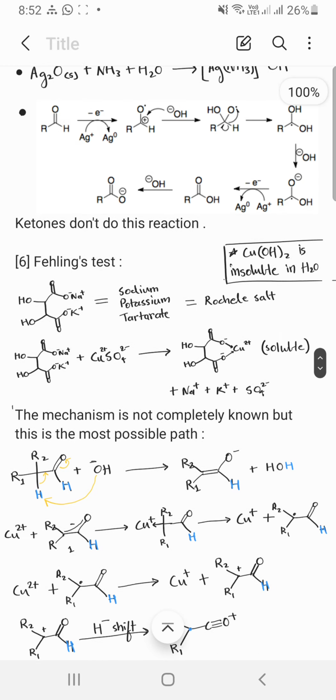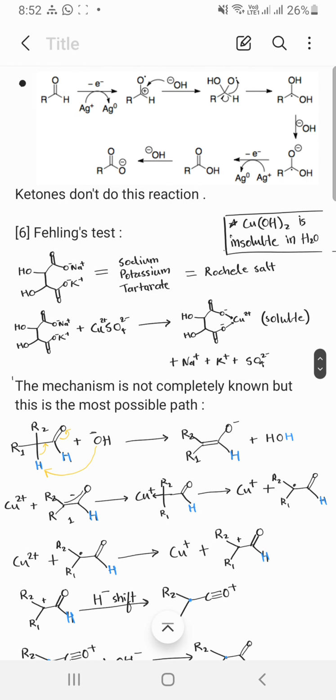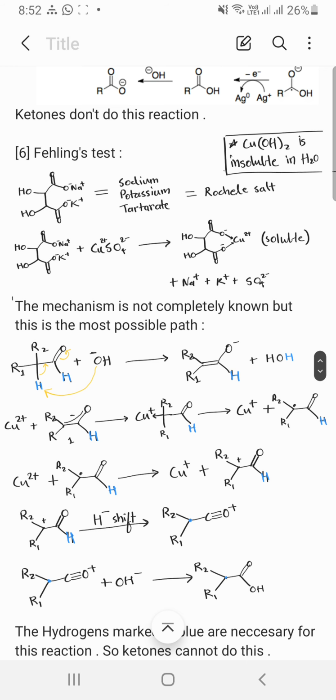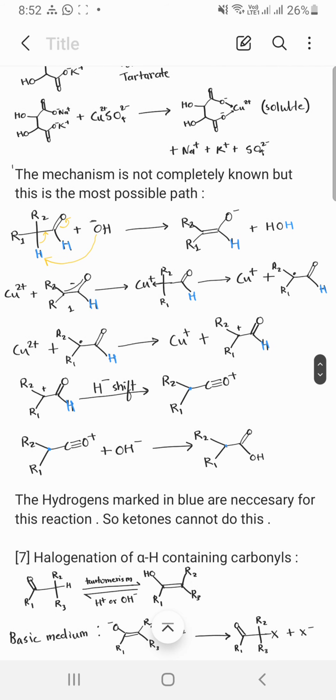Okay, Fehling's test. So you are using Cu2+ and Cu2+ citrate. That molecule is soluble in water, while Cu(OH)2 is not. Okay, cool. The mechanism is not completely known, but this is the most possible path. So you need both these blue hydrogens over there.